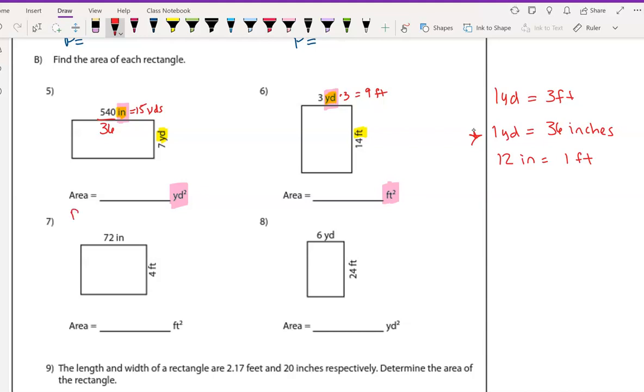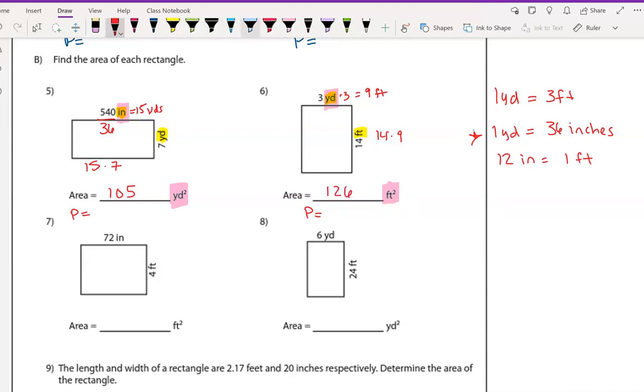Don't forget that you also will be finding the perimeter for each of these. So when I do this first one, I'm going to do 15 times 7, which will give me 105 yards. And here I'm going to do 14 times 9, which will give me 126 feet.